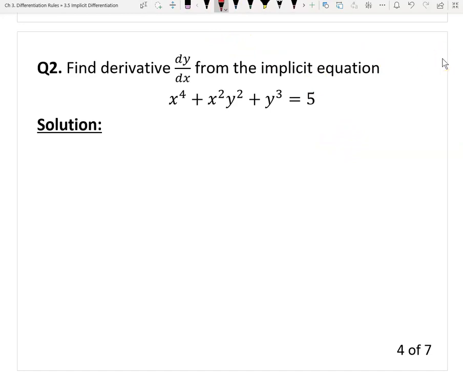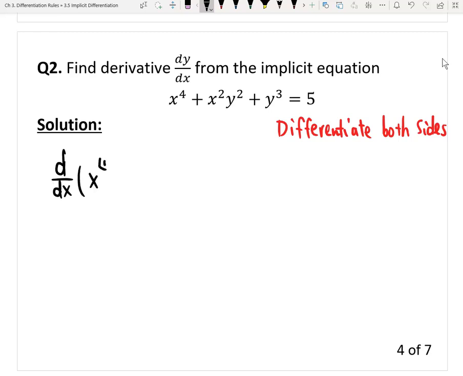Differentiate both sides. Okay, so then what do we get? We have three derivatives added together. Use the sum rule. So the first term is d/dx of x raised to the fourth power.